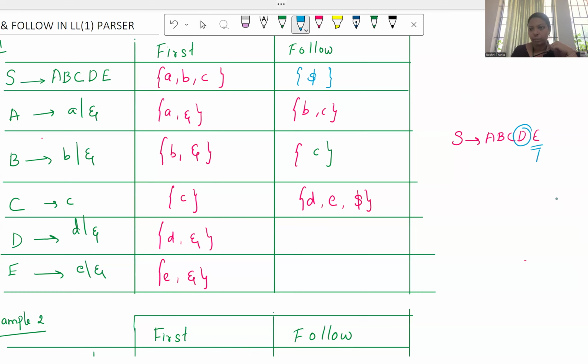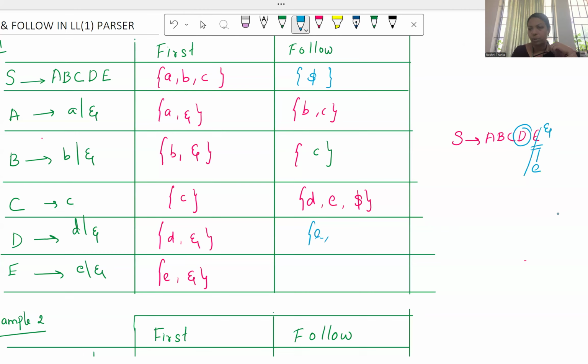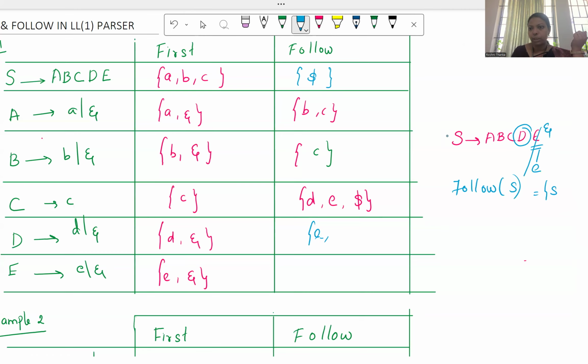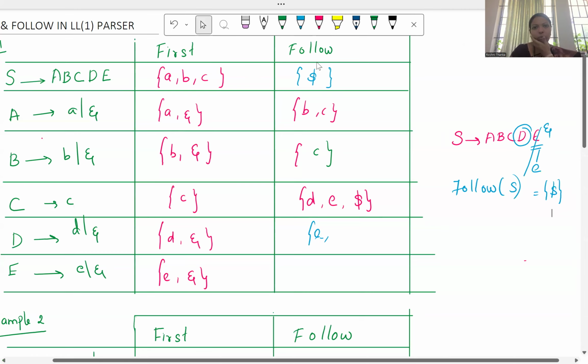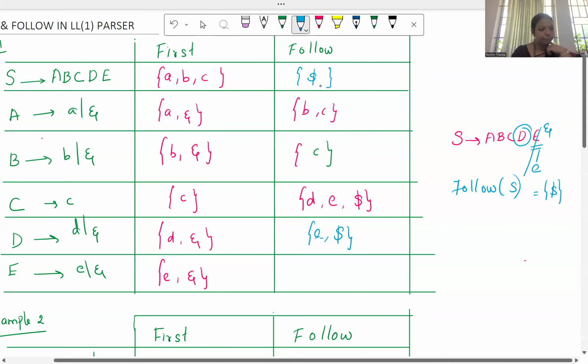So follow of D can be small e. But you can see here E can also be an epsilon. If this is going to be epsilon, epsilon means empty string, nothing is there. In that case, if nothing is coming, what I said, you have to take the left side and find the follow of that. So what is follow of the left hand side, that is capital S? Already we have found it is dollar. So here we have e and dollar.